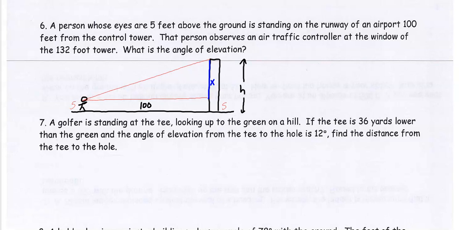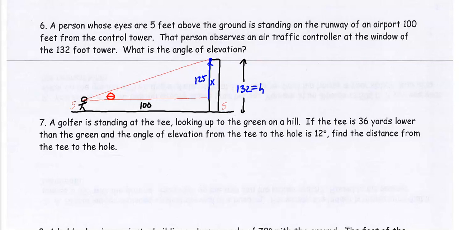So actually I started off a little bit wrong here. This is 132 feet for this person up here. So actually I need to take away that 5. So if this is the height of the tower, X is going to be 125. And we need to find the angle of elevation.